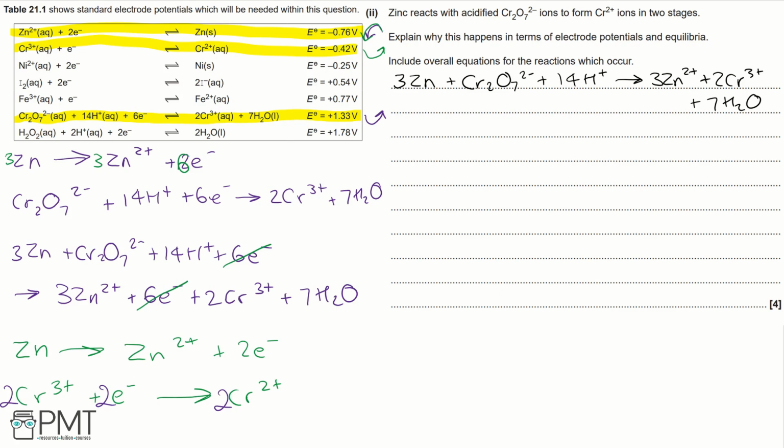So then we have 2 electrons in both equations. That means our overall equation would be Zn plus 2Cr3+ plus 2 electrons goes to Zn2+ plus 2 electrons plus 2 Cr2+. Next, we can cancel out the 2 electrons on both sides of the equation.